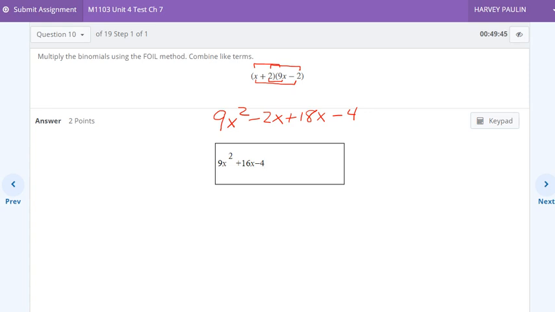Now as we do these, I could have done this mentally, but if you're not sure of something, write it out. So there's 9x squared. Combining these, I get a positive 16x minus 4. Now, keep in mind, if you ever had to factor something like this, then it would look like that in the end. Foiling is easier. Factoring is a little more challenging. Let's go on.